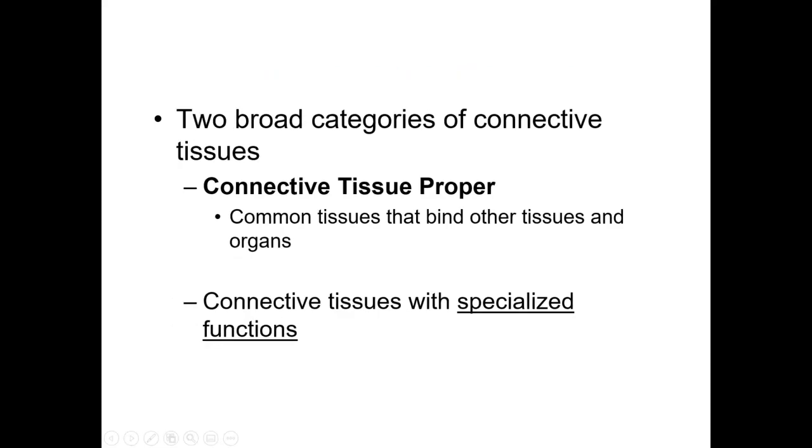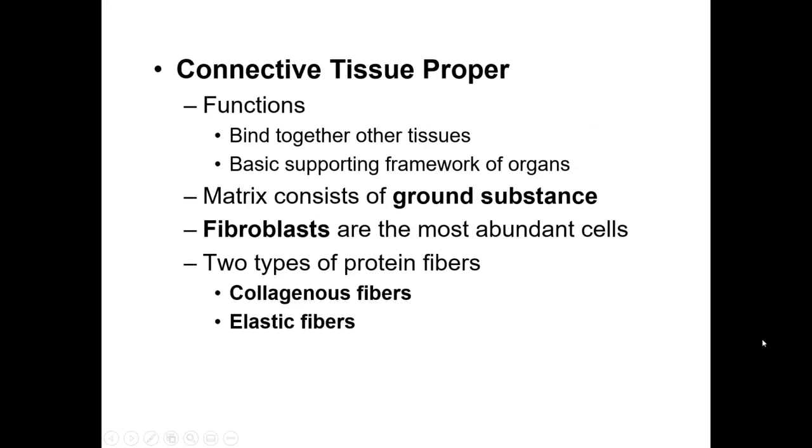There are two broad categories: connective tissue proper, which is common tissues that bind one tissue and organs, and connective tissues with specialized functions. Connective tissue proper functions in binding together other tissues and supporting a framework of organs.